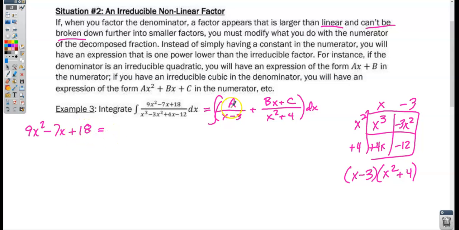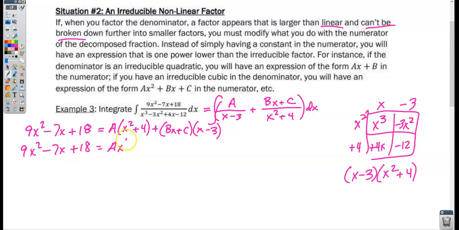In order to get that, we're going to take the numerator of this times this denominator plus the numerator of this times this denominator. And so we're going to actually have to multiply those out. It's ax squared plus 4a plus bx squared minus 3bx plus cx minus 3c.